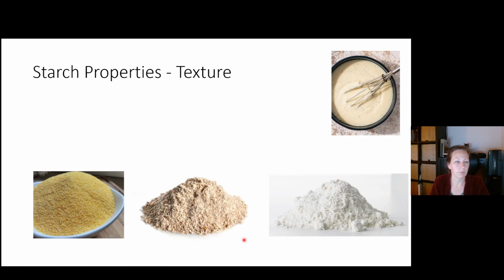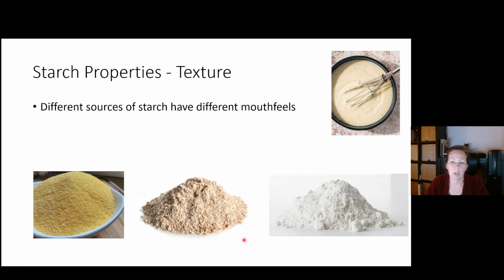Okay, a fourth property is texture. And that's just recognizing that different sources of starch will have different mouth feels. Some are much more smooth than others. And I believe the book gives this example.